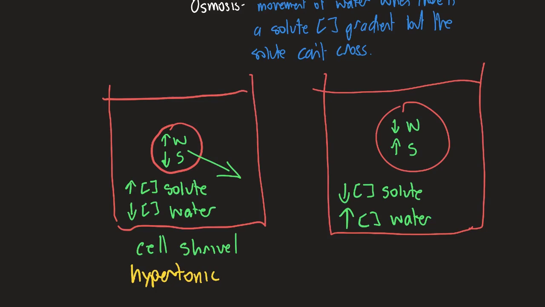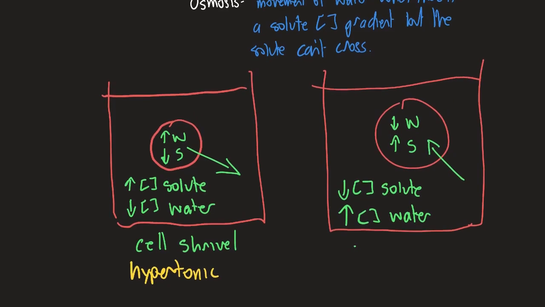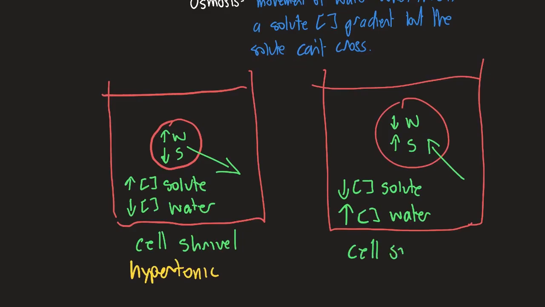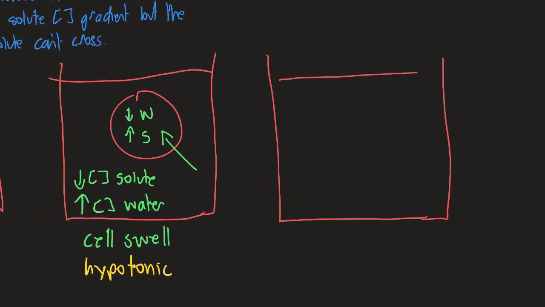So water is going to move along a concentration gradient from an area of high water to low water. The water is going to go into the cell, and the cell is going to swell up. This situation we call hypotonic. Hypo means low.